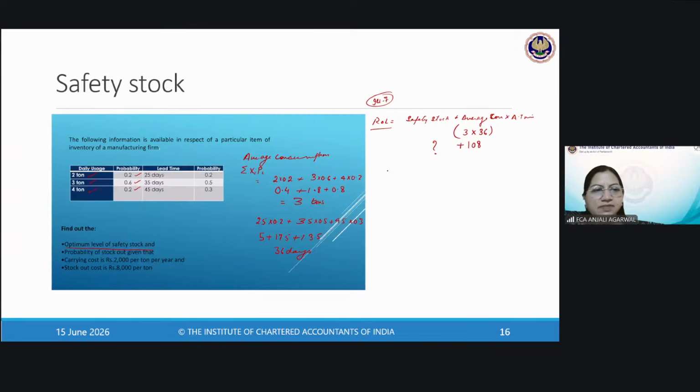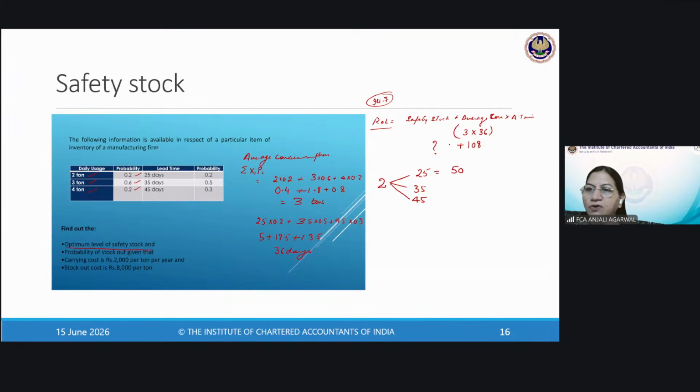Now let's create some scenarios. What is the possibility that your daily usage could be 2 tons? And it can take 25 days, 35 days, or 45 days for you to receive the material which you order. 2 tons is consumption, and if it takes 25 days, your consumption would be 50.